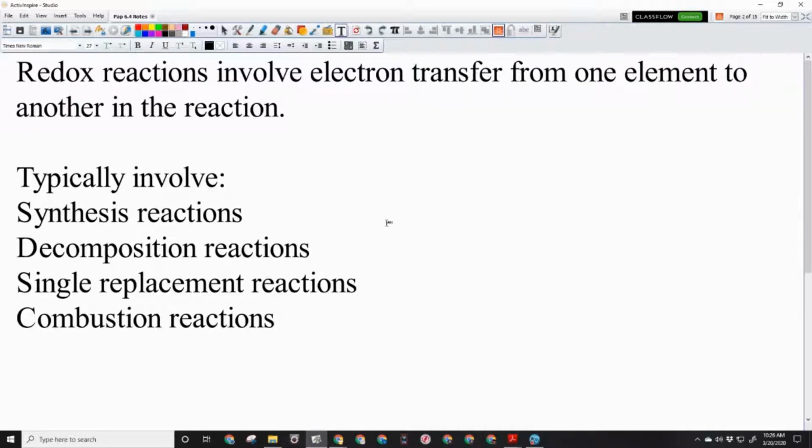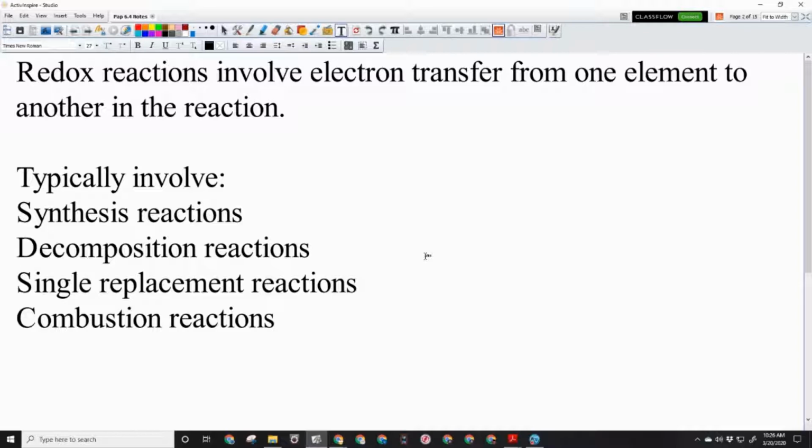All right. So redox reactions, we're going to be talking about those. Those involve electron transfer from one element to another in a reaction. Now, we just talked about the different types of reactions. So redox reactions typically involve synthesis reactions, decomposition reactions, single replacement reactions, and combustion reactions.